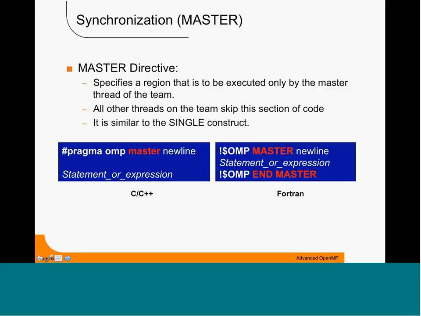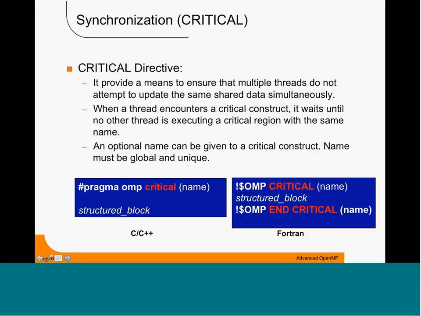And it is kind of a synchronization directive. It is also similar to the single construct. In the single construct, any thread can execute that part, but in this case, the master thread will execute that part. So when you have some code you want to be executed by only one thread, then specify critical.